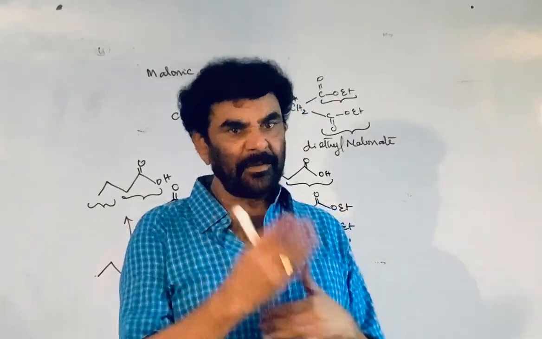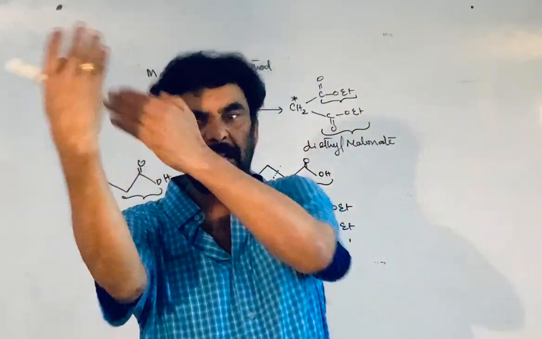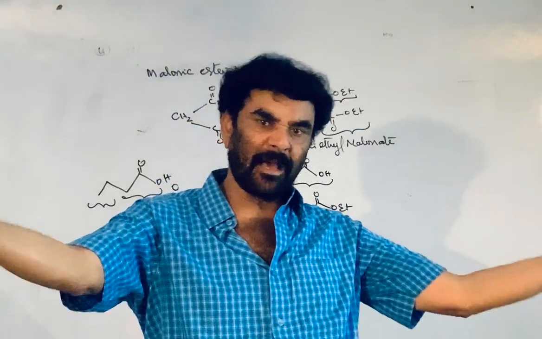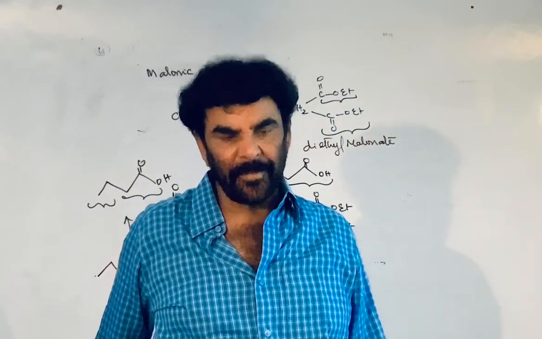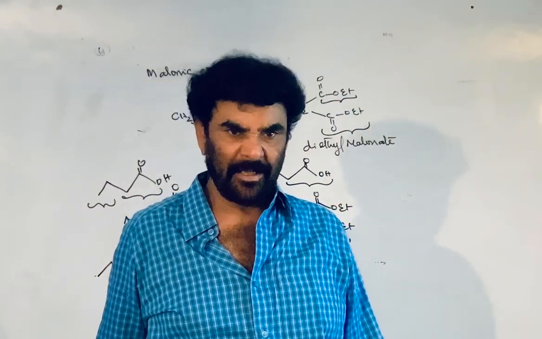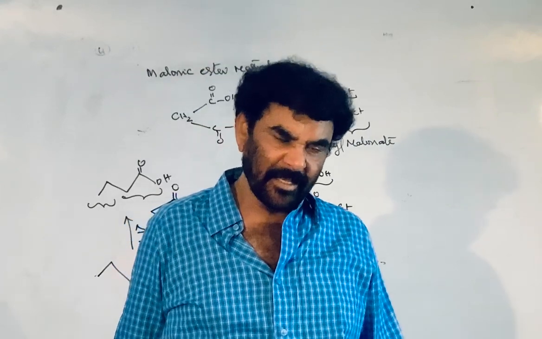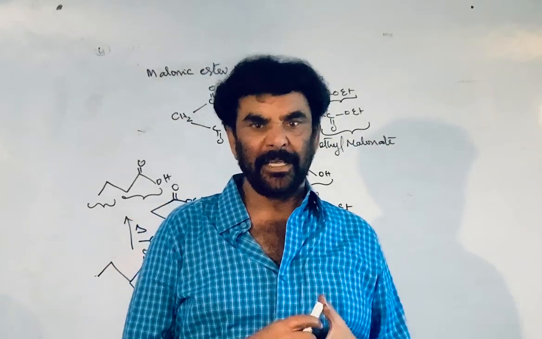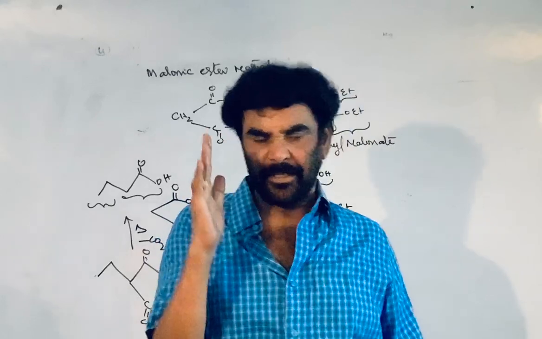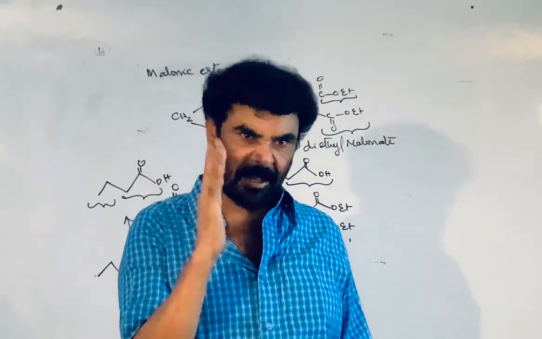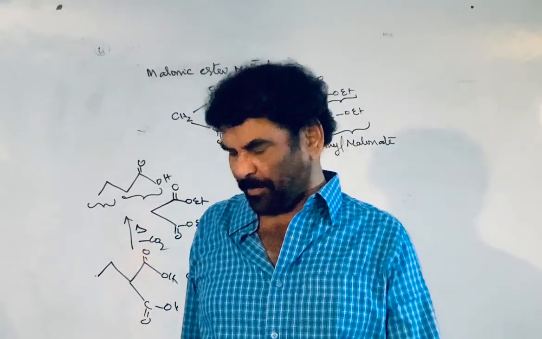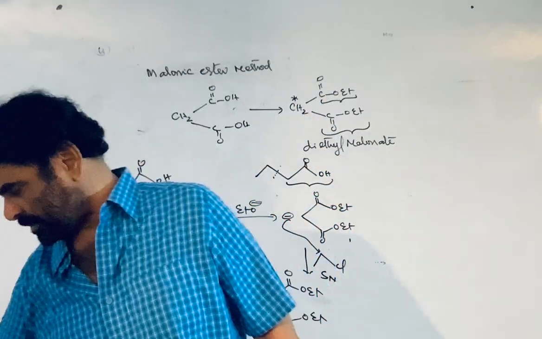The different chemical reactions give the ultimate product, carboxylic acids. This is the revision part, where we are revising certain organic reactions under the heading of preparation methods of carboxylic acids. Thank you.